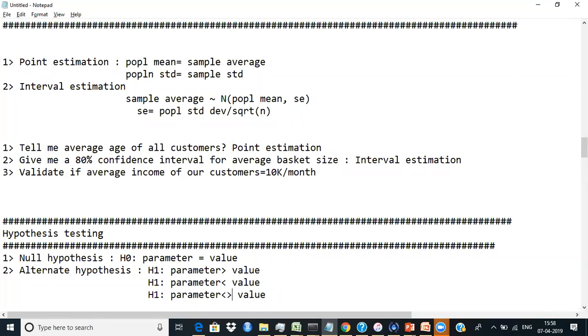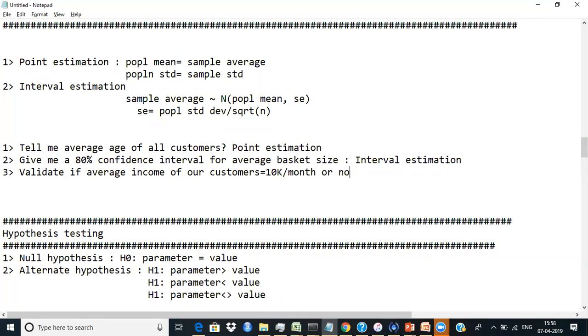What you choose as the alternative depends upon what the business wants to test for, right? For example, here the business just wants to test if the average income is 10,000 or not. Here, what does the business want to test? Validate whether the average income of our customers is 10,000 per month or not.